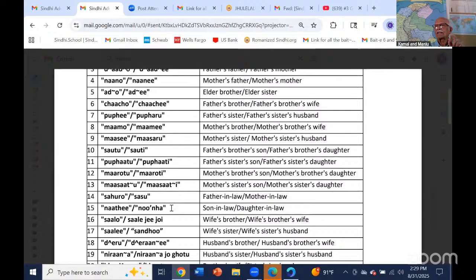Nuha is like this: my son's wife is Nuha, and my daughter's husband is Nati. Do you understand this relationship? Daughter's husband is my Nati, my son's wife is my Nuha, daughter-in-law.